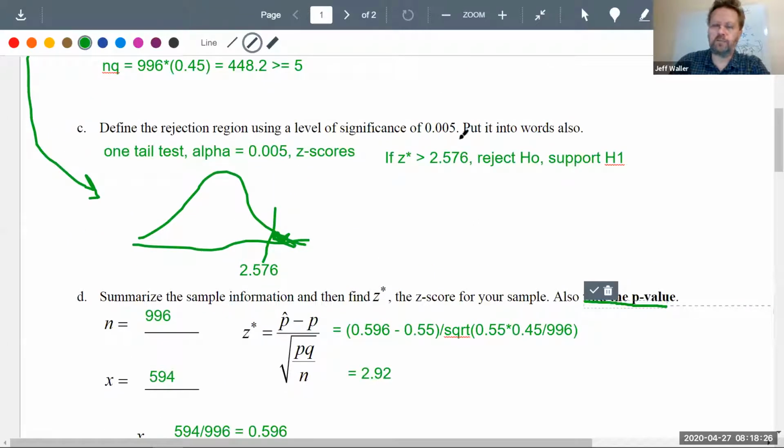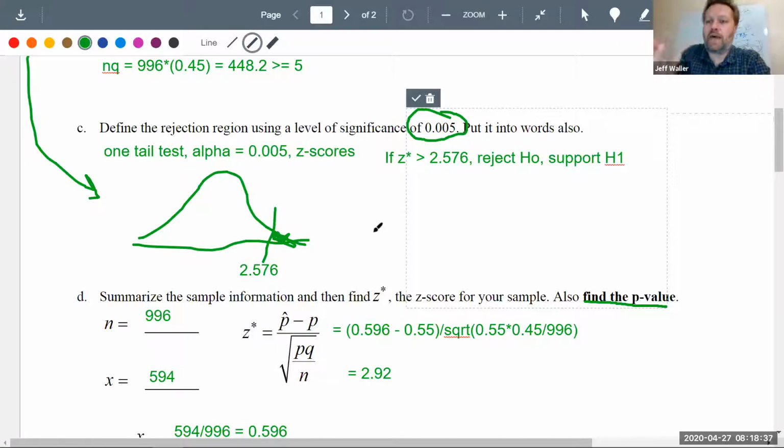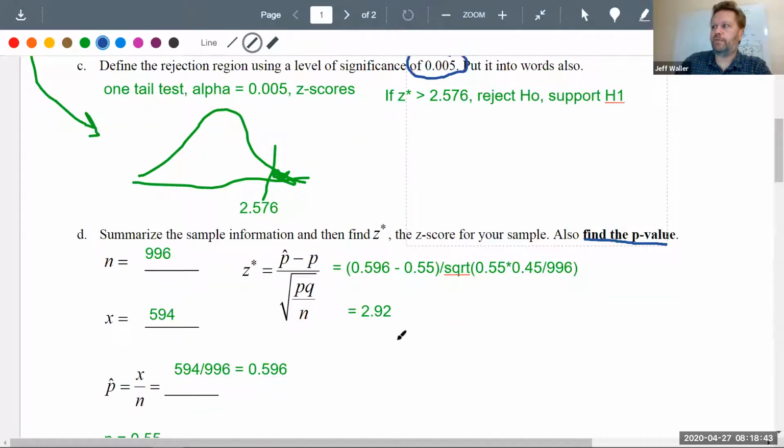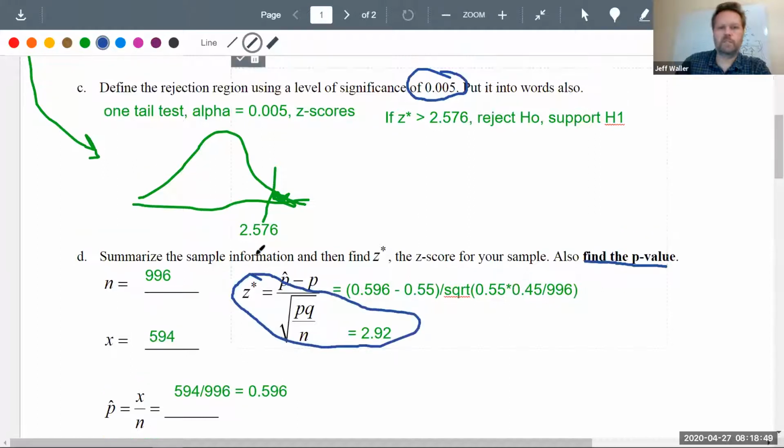Every person that reads a journal article in that industry has their own level of significance, their own alpha. So all I give them is the p-value, and then they can interpret what the answer is. But let's do this right now. What can we say? We got 2.92 for my Z star. Did we make it far enough?